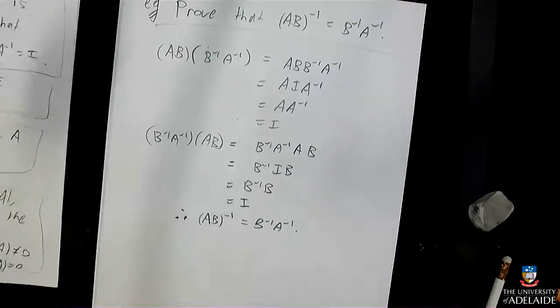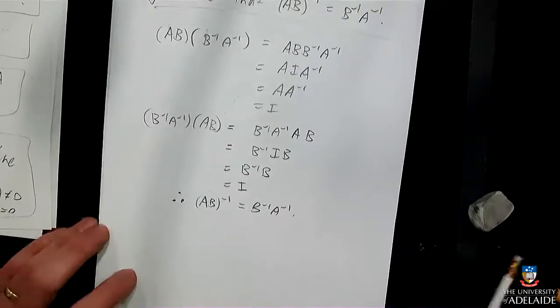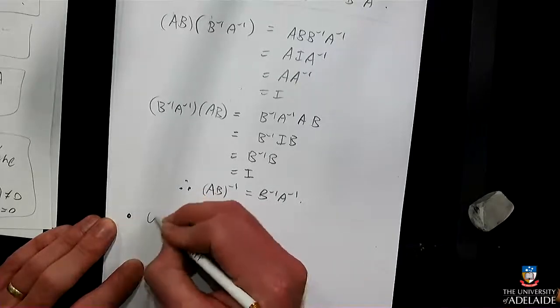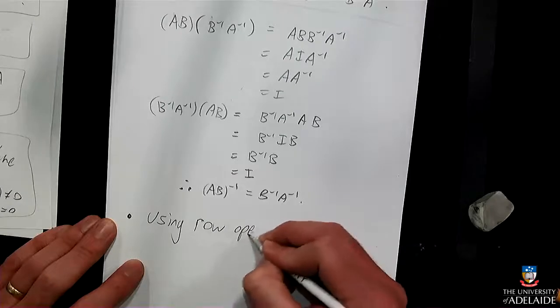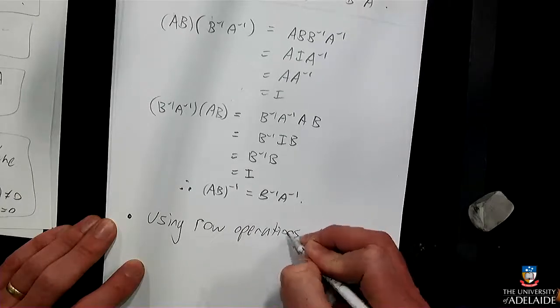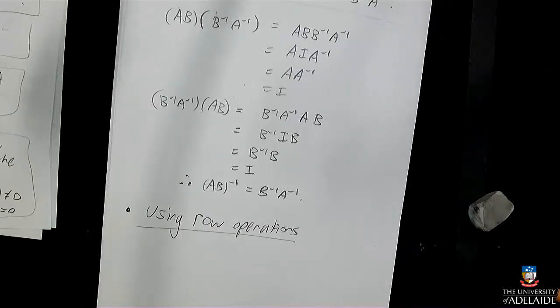Okay, so the last method of finding inverses is using row operations. So, this is a very fancy process, and it uses a bit of theory, but first I need to tell you what a row operation is.